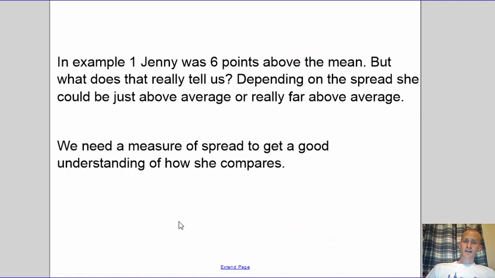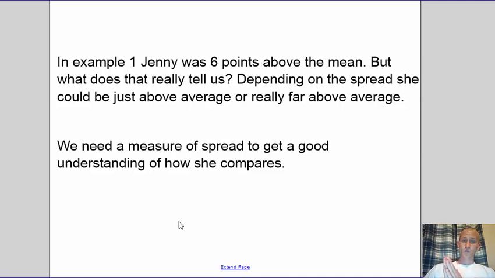So going back to Jenny, our example from the beginning, she got an 86. In this case, they tell you that she was 6 points above the mean. What we really want to know is, in context, where does that locate her? Is that good? Is that really good? We can use a standardized score, a z-score, to help us figure that out.